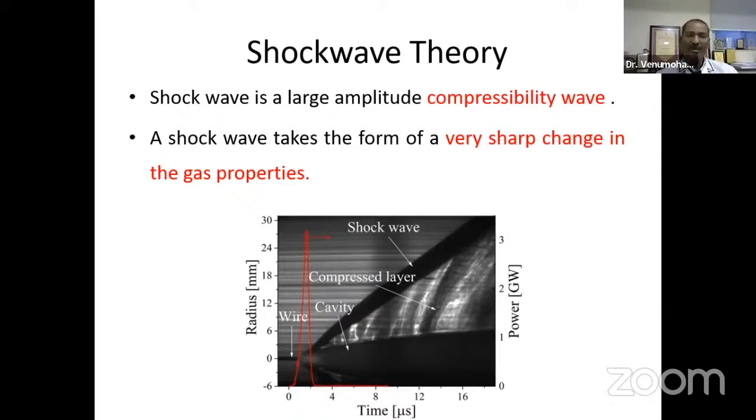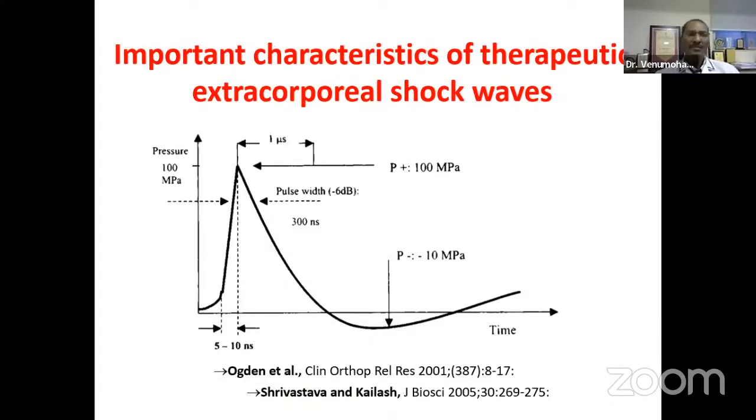This image is showing you the same thing. And we say that it has a lot of power. Now, the power is measured in megapascals. And this is the graphical representation of the shock wave, which has a very high amplitude, and it has a pressure of over 100 megapascals.